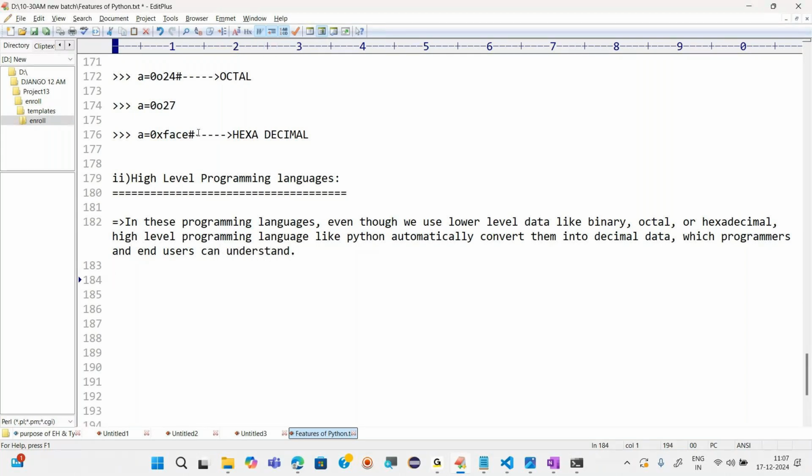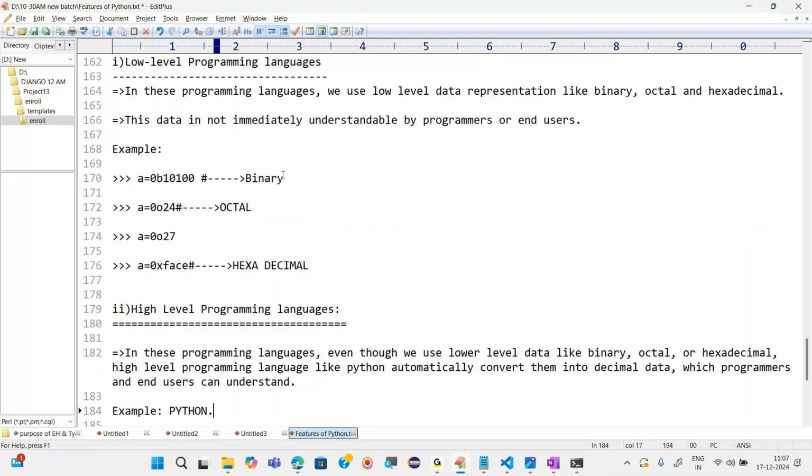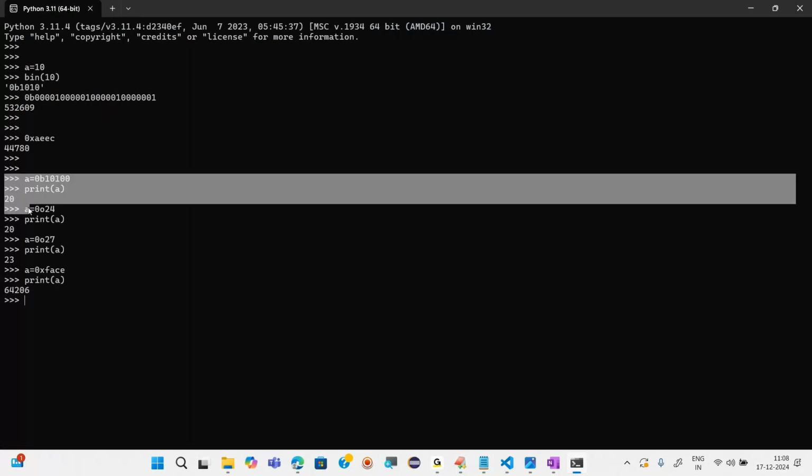Okay, the example is the Python program. Python is one of the high level programming languages. Just take all this example.